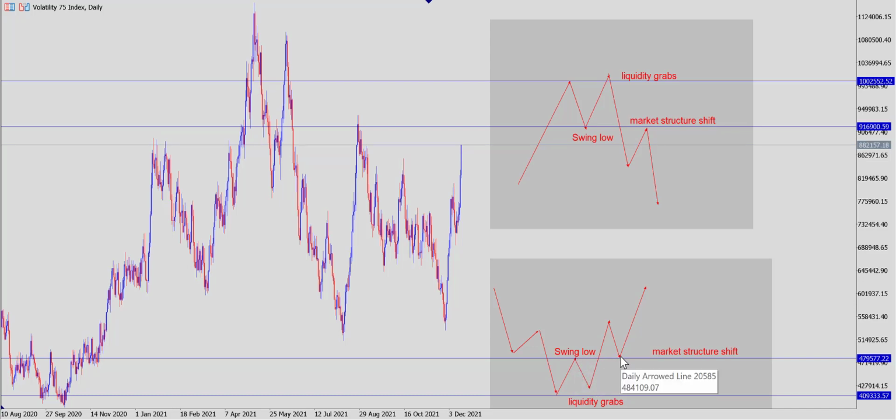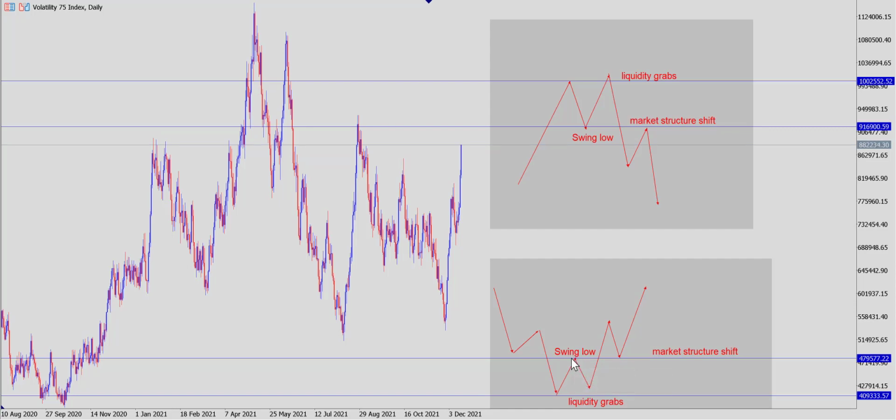And for that mitigation block to be valid, it should not be traded through. It still uses the rules of order blocks that we talked about in the first video. If you haven't watched that video, guys, you might need to go and check out what we talked about in that video. It might be helpful for you.